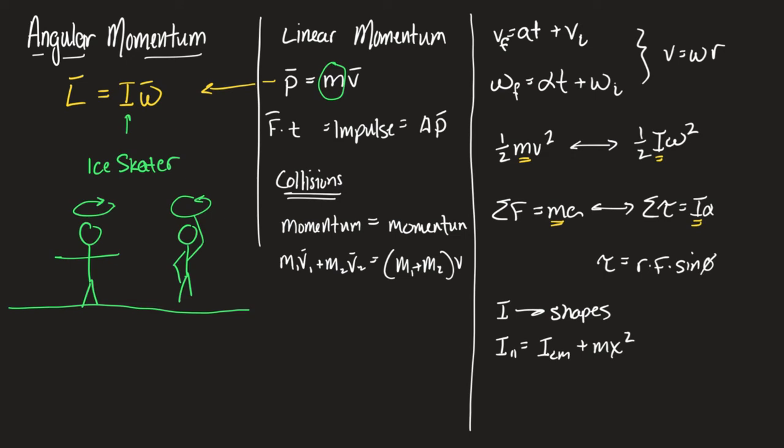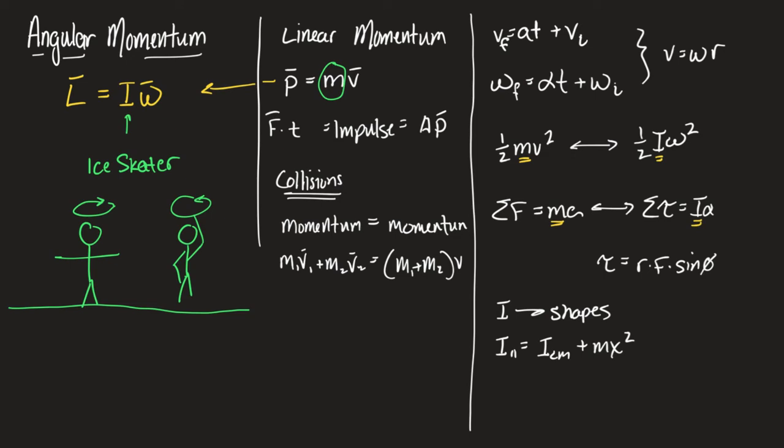Well, this is because they've taken their arms, which were spreading out more of their mass, and by pulling it in towards their body, they reduced their moment of inertia, and this changed their rotational rate.